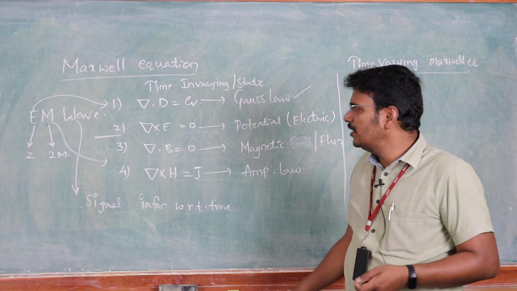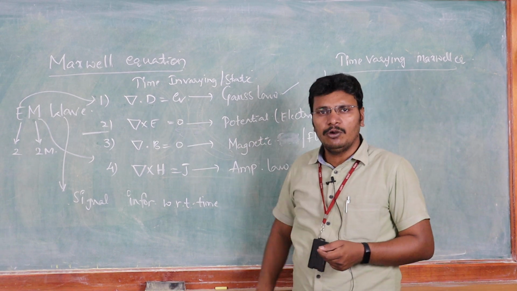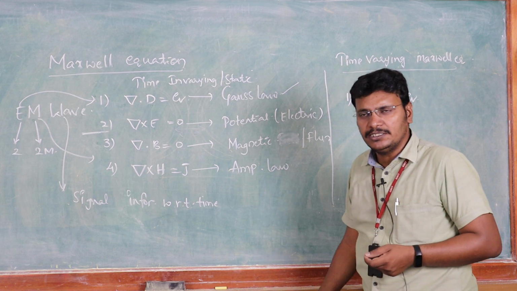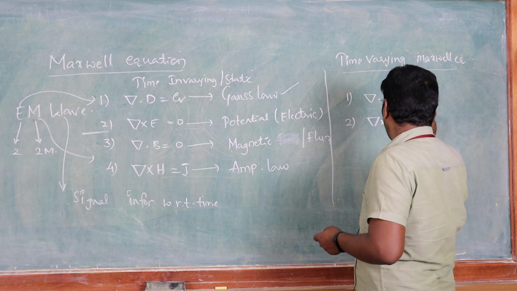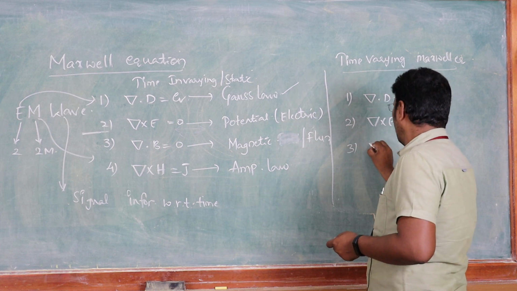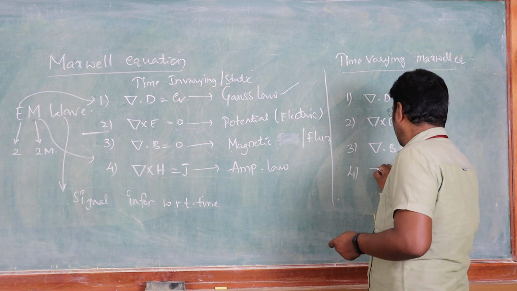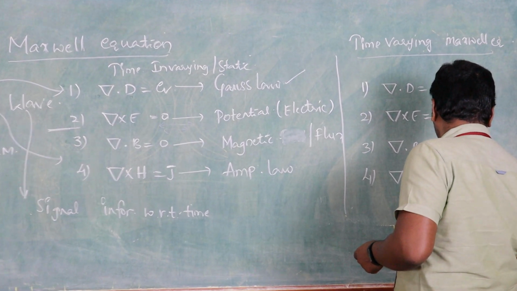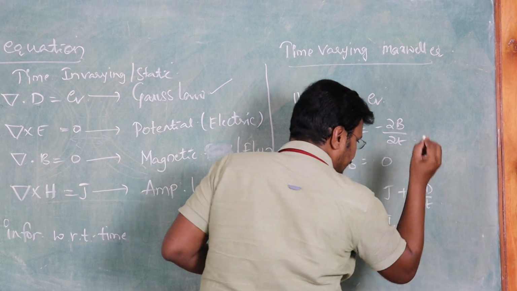First one is del dot D is equal to rho v as it is, and the second one is del cross E is equal to minus dou B by dou T. The third one is del dot B is equal to 0. The fourth one is del cross H is equal to J plus dou D by dou T, which is also treated as JC plus JD.